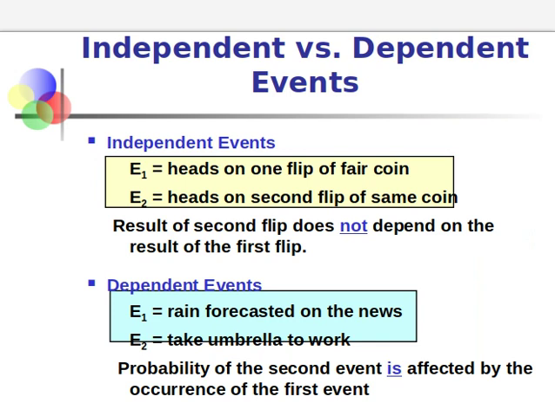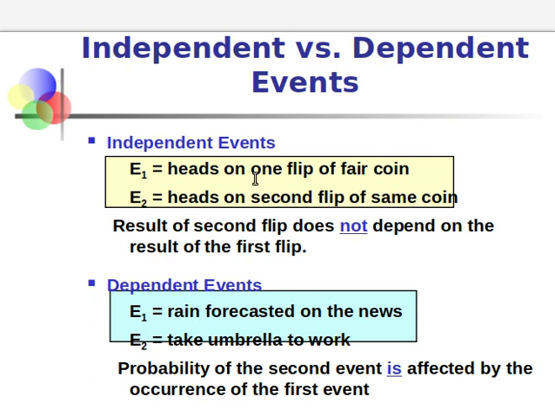Now let's contrast and compare independent versus dependent events. For independent events, say E1 is heads on one flip of a coin. Coin, the money coins. Heads. E2 is heads on the second flip of the same coin.